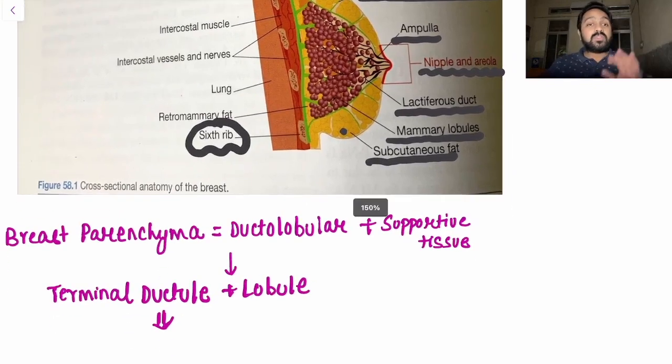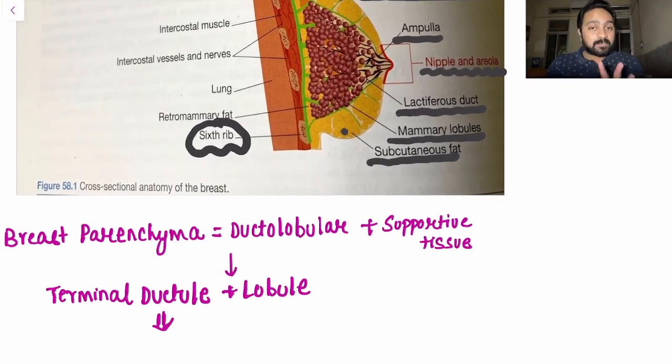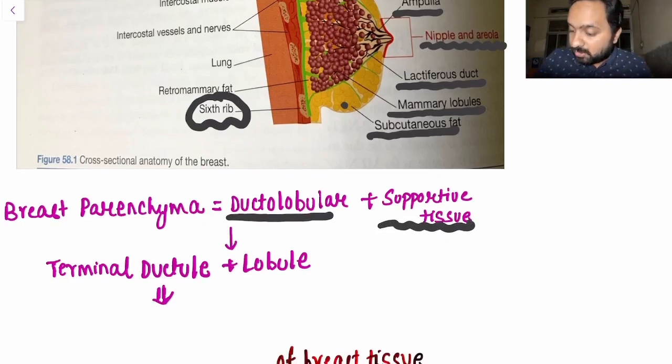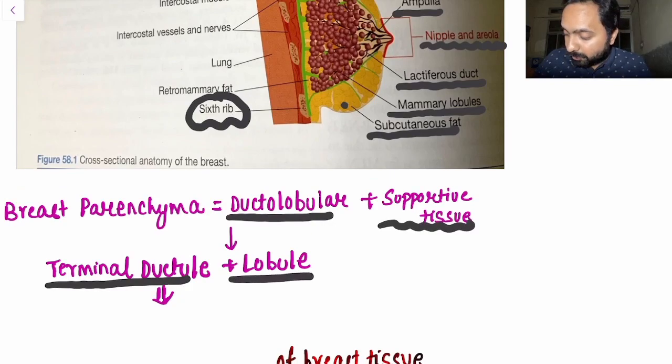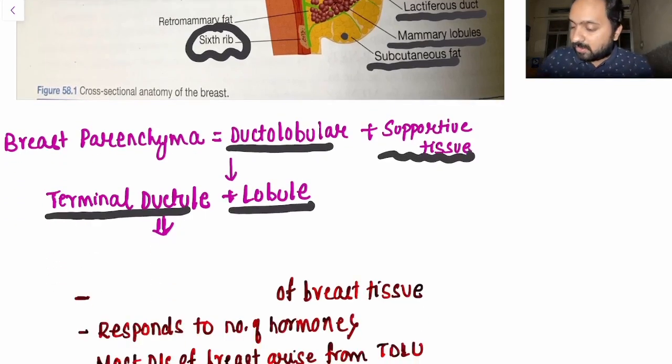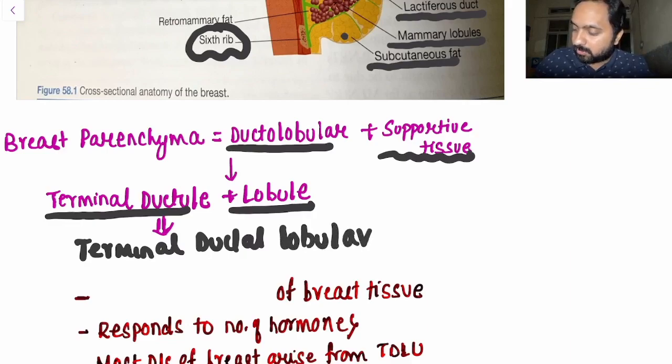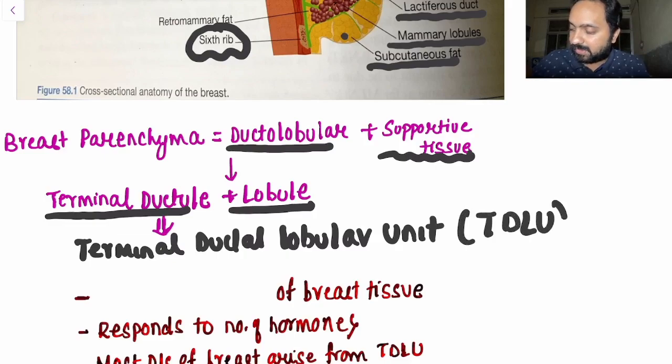Now moving down to the breast parenchyma. Breast parenchyma is made up of your ductolobular tissue plus your supportive tissue. First, your ductolobular tissue consists of your terminal ductule plus lobule, and this together is called your terminal ductal lobular unit, also known as TDLU.